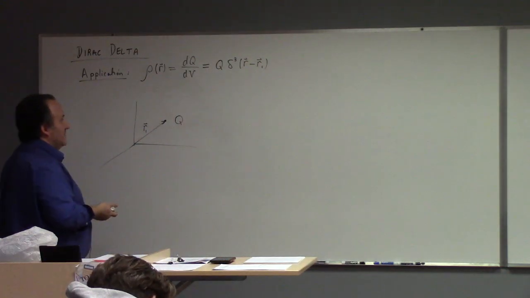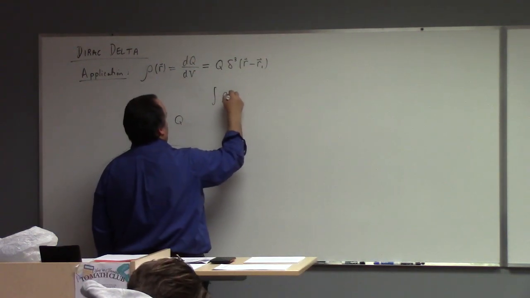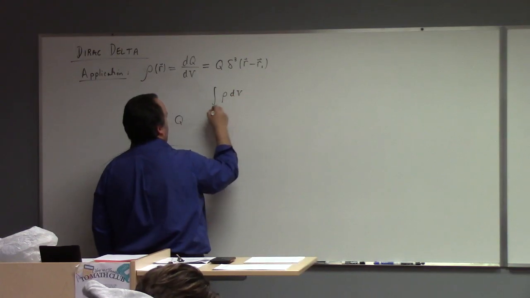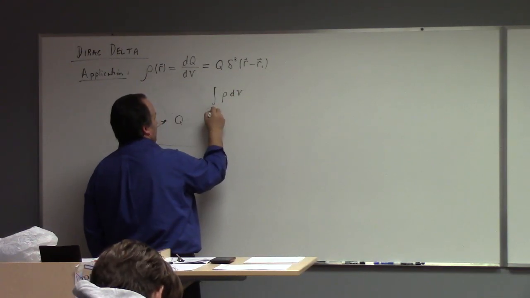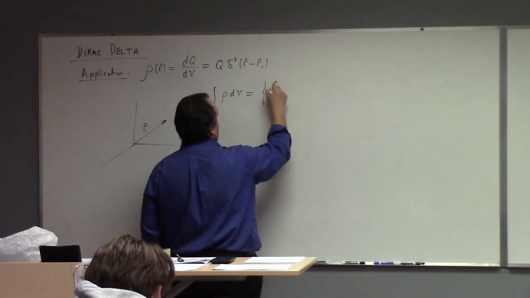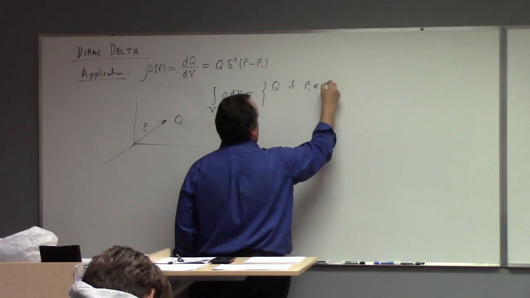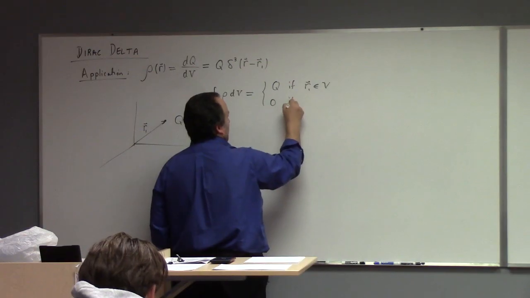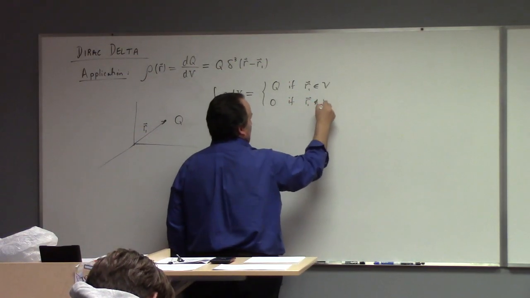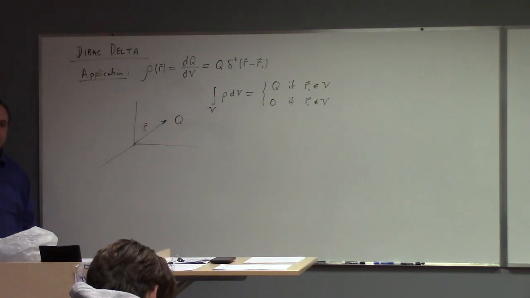Mathematically, if we integrate the charge density over some volume V, it's either equal to q if r1 is an element of the volume, or it's 0 if the point is not in the volume. And that is exactly the concept of a point charge. It's a finite amount of charge at a mathematical point.